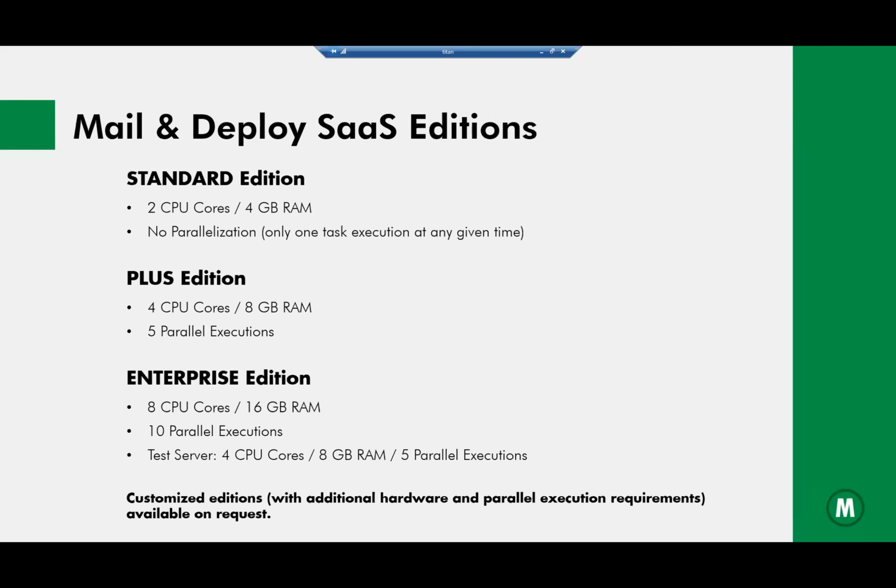Now, the SaaS version is available in the following editions. I will talk about pricing at the end of the presentation, so for now, we're talking about the technical details. We have a Standard edition that gives you an instance with 2 CPU cores and 4 GB RAM, and there is no parallelization.